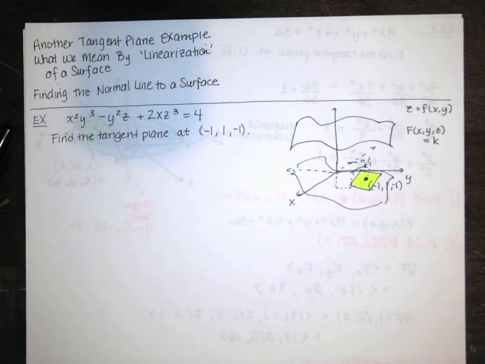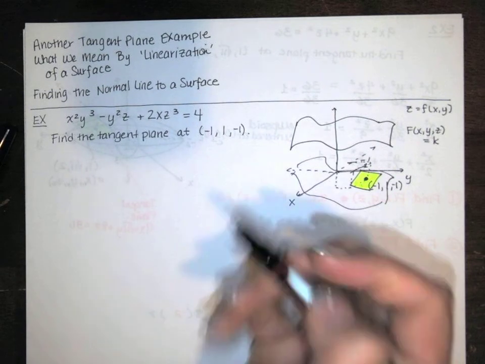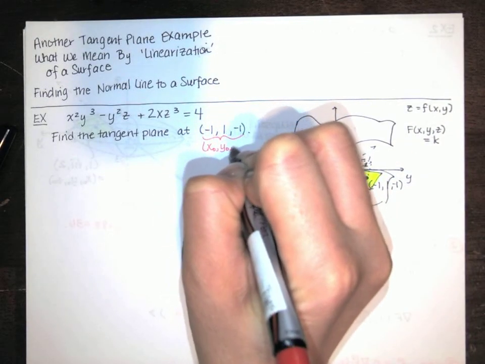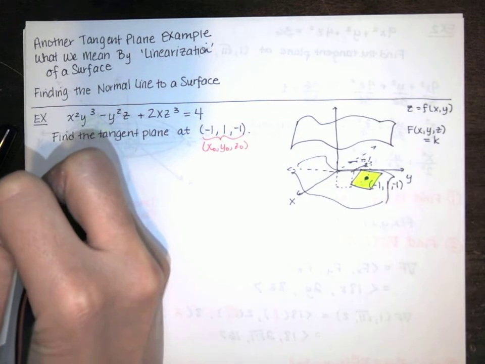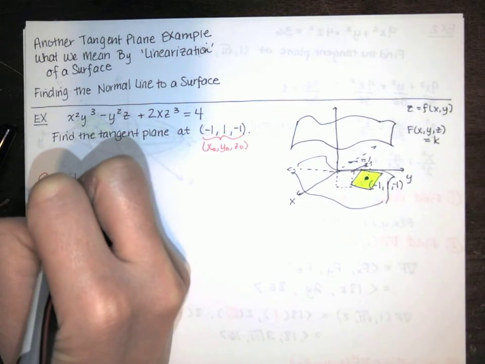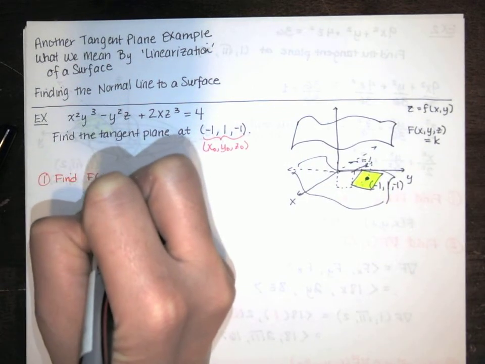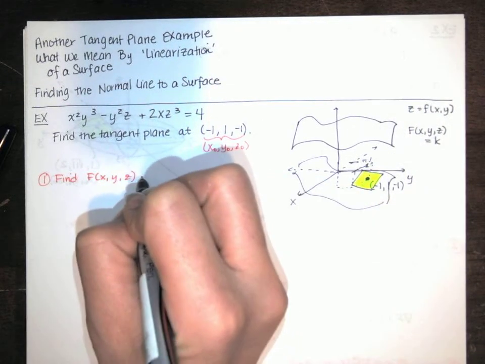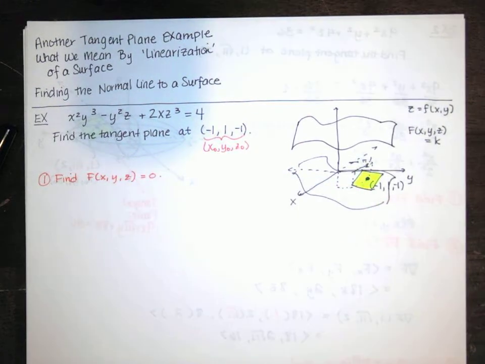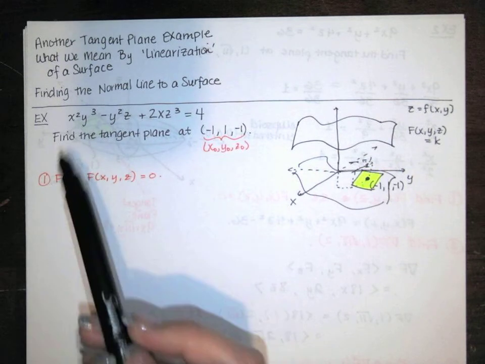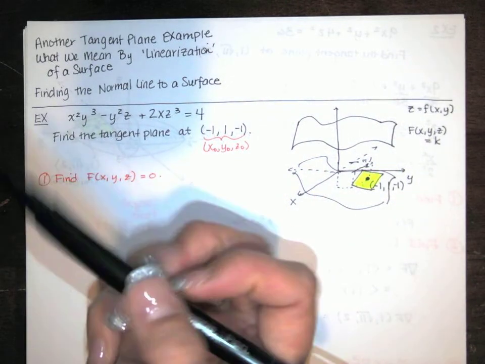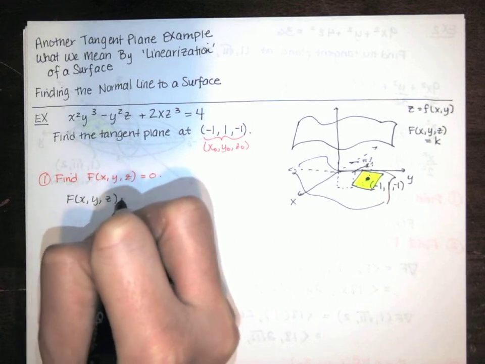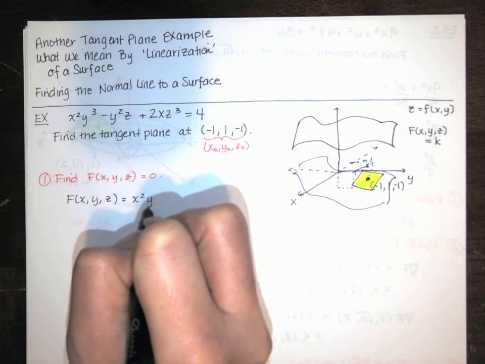So we're given the point. We always need a point and a normal vector. We've got the point. So this is x naught, y naught, z naught. Next thing we do is we find capital F. Typically we set this equal to 0. We could also think of this as a level surface, f of x, y, and z equals 4. But just to stick with our convention, we'll set it equal to 0.